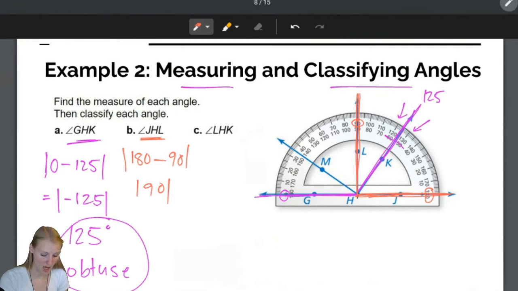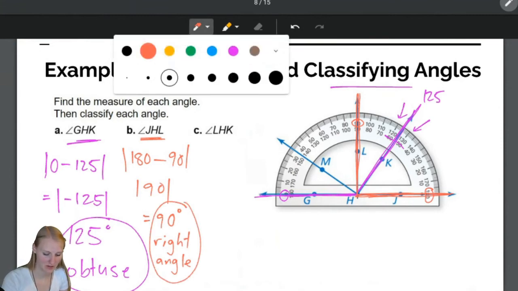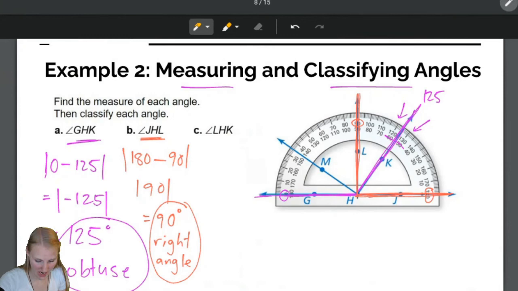Absolute value of a positive number is that number. So we are 90 degrees, exactly 90 degrees, which means this is a right angle. There you have it. Okay, last one for this example. L.